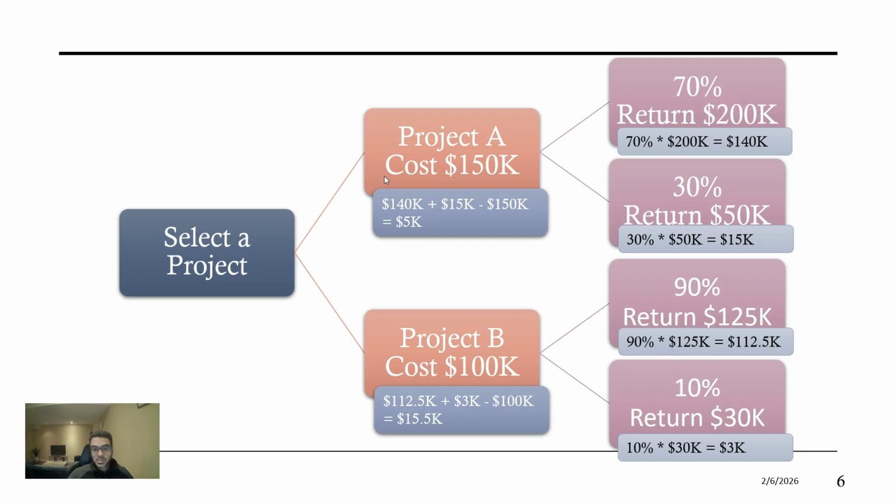Project A has expected monetary value of $5,000, while Project B has higher EMV. Accordingly, the wise decision in this scenario would be to go with Project B. And now your decision is not based on intuition and feeling, but it is backed up with facts and numbers.